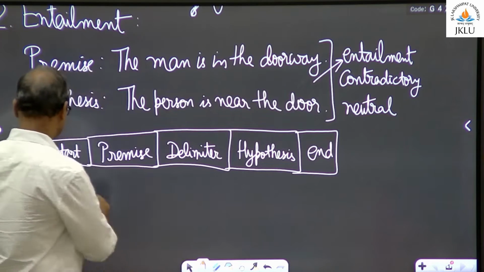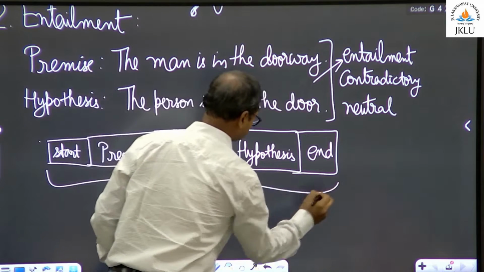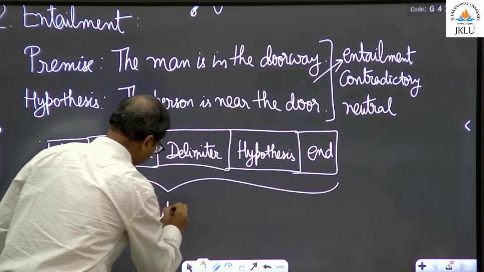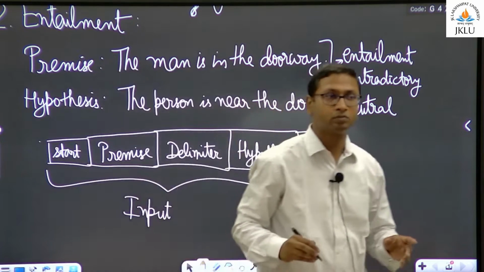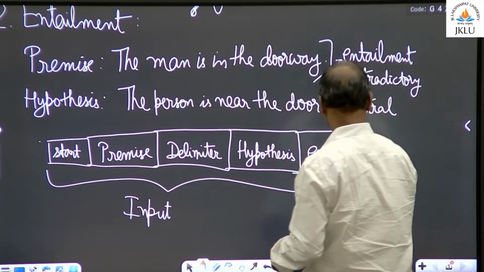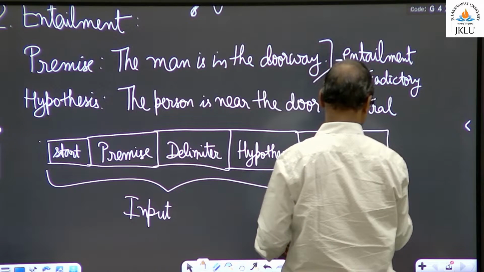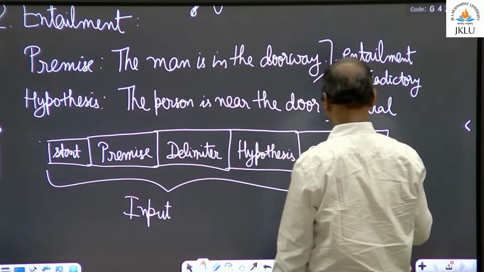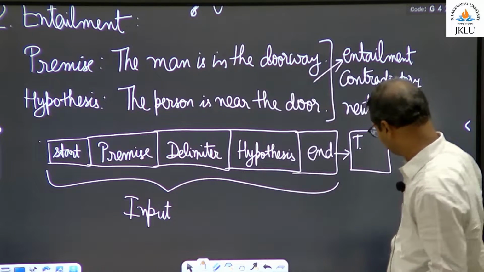Right. So, this is my input. Input to whom? The transformer GPT-1. Okay. So, this is what you input to the transformer. Can I call it GPT-1?